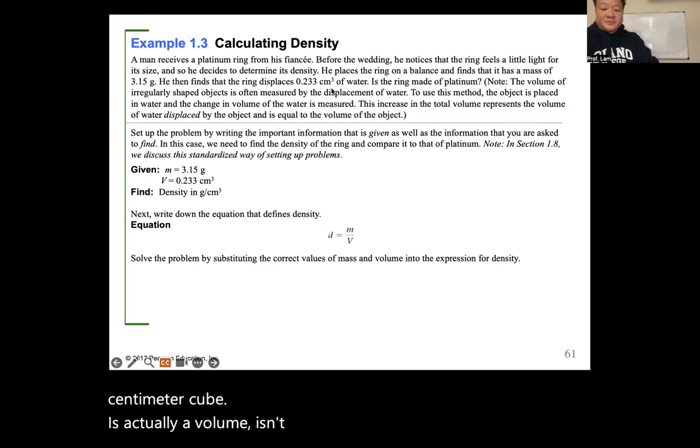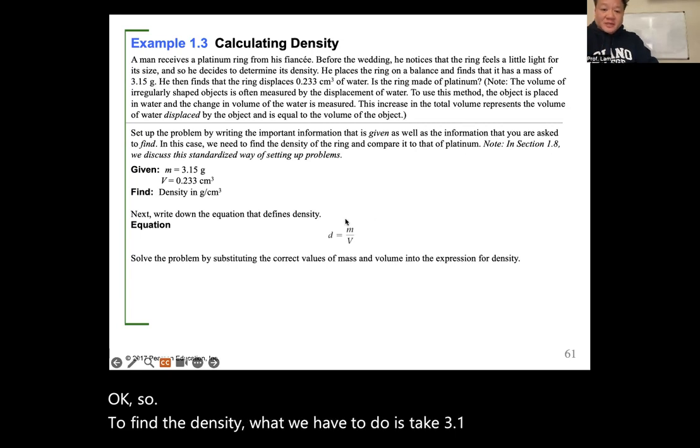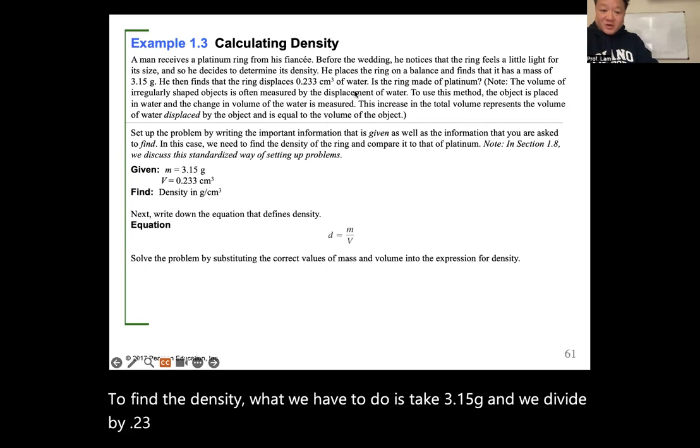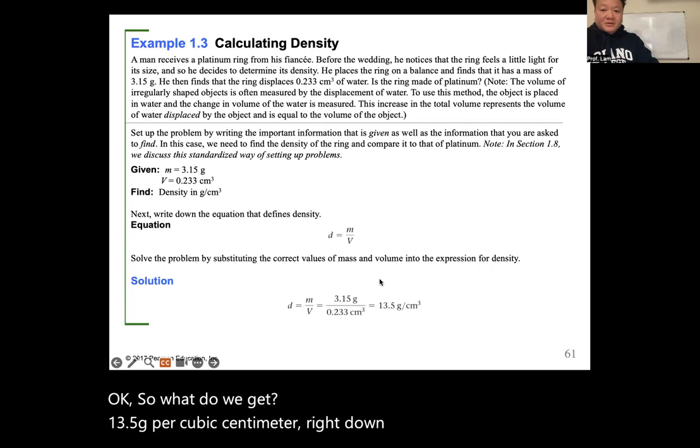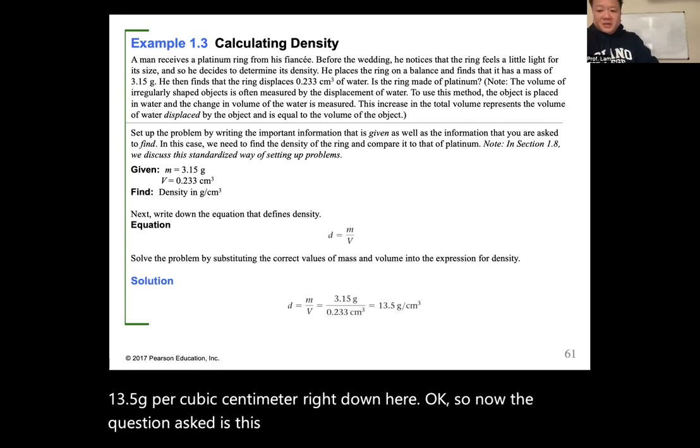Okay. So to find the density, what we have to do is take 3.15 grams and we divide by 0.233 cubic centimeters of water. Okay, so what do we get? 13.5 grams per cubic centimeter, right down here. Okay, so now the question asks, is this ring made of platinum?